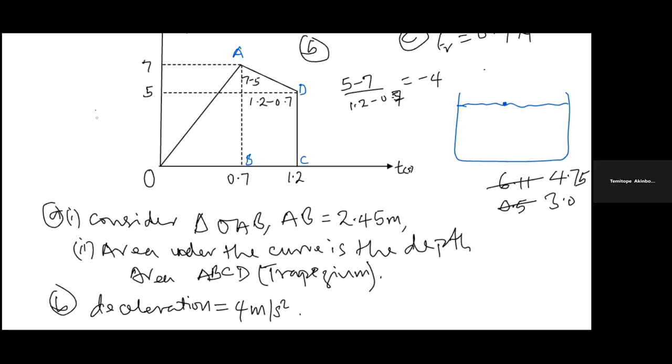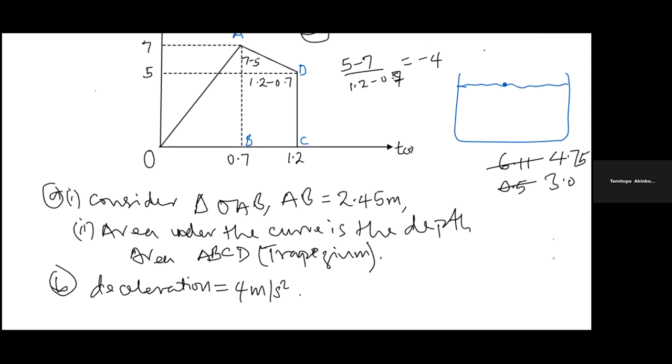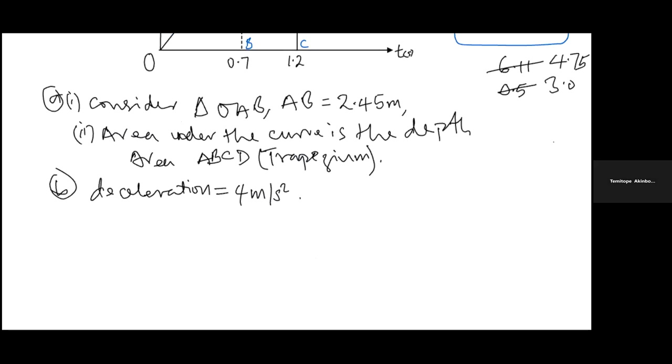Okay? Question C. What does question C say we should do? Given that resistance is 0.7, you should find what? The mass of the stone. So I want to solve the question. Are we going to use minus 4 or 4? Okay, that's a very good question.